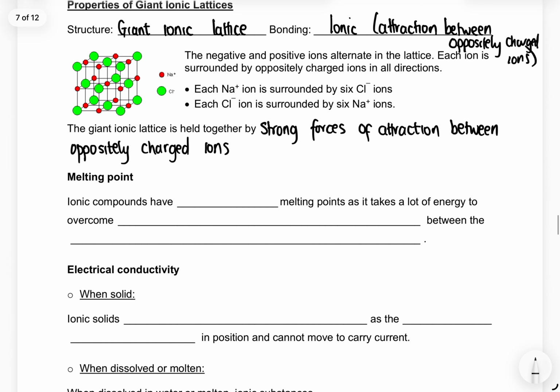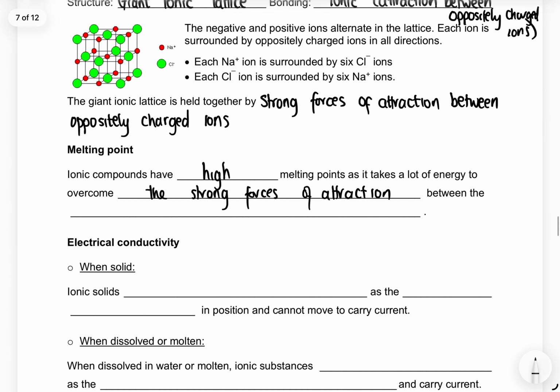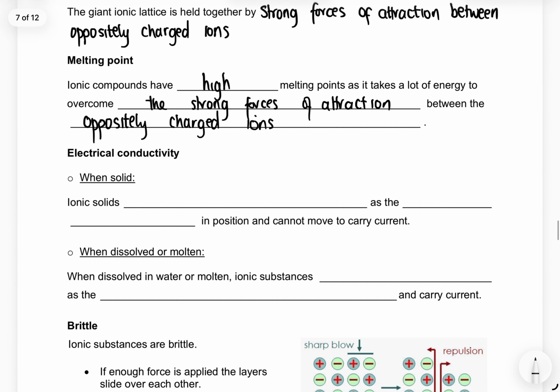As a result of these being strong forces, they're going to have high melting points because it takes a lot of energy to overcome the strong forces of attraction. Like I said, you must always give the definition in order to score the marks: strong forces of attraction between the oppositely charged ions.